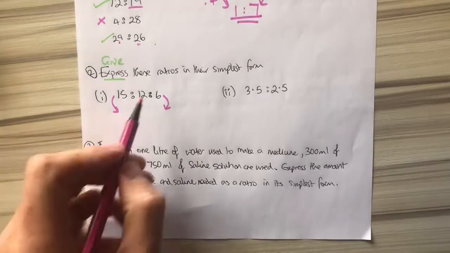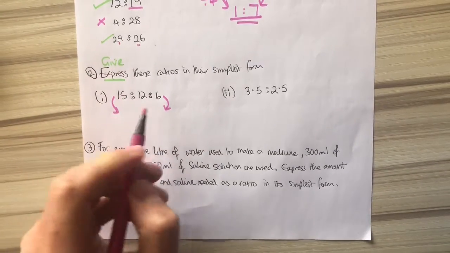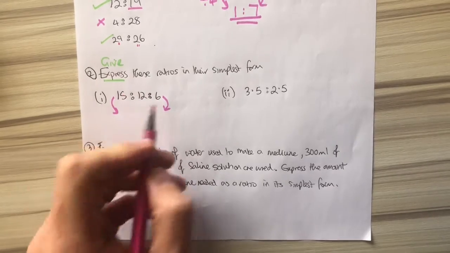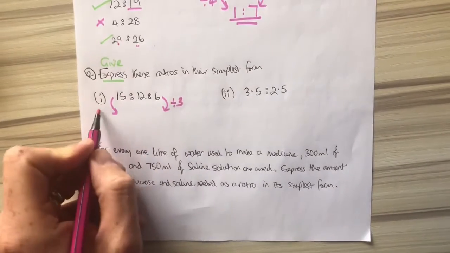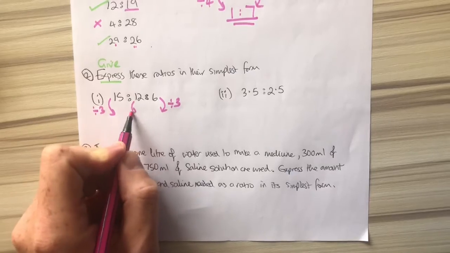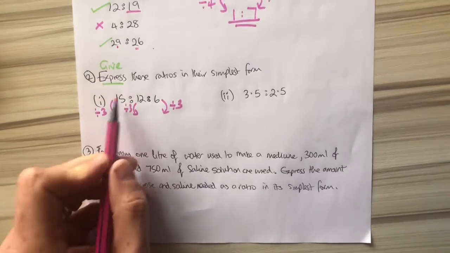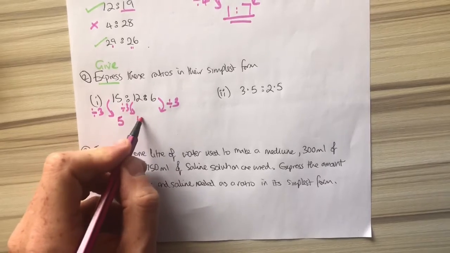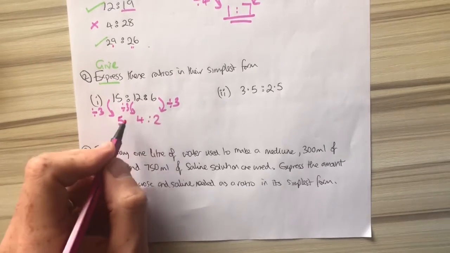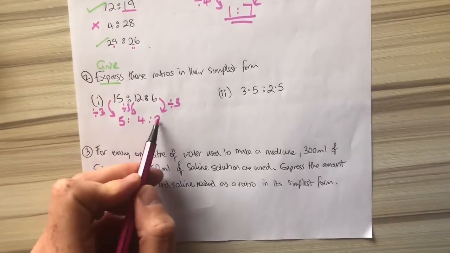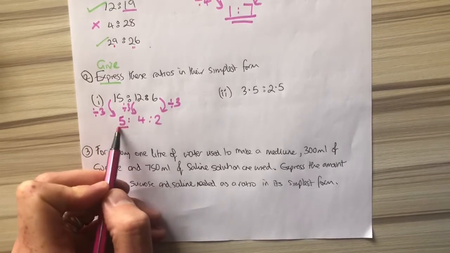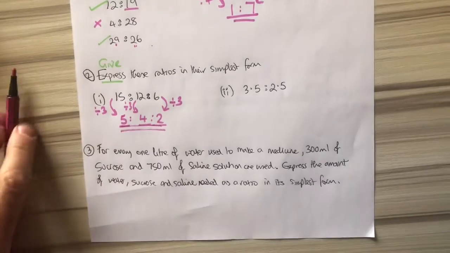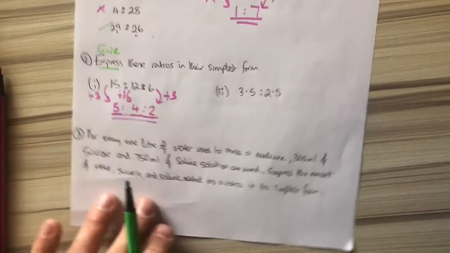Well, let's start with 2. 2 doesn't go into 15. 3 goes into 6, 3 goes into 12 and 3 goes into 15. So if we divide each of these by 3, 15 divided by 3 is 5, 12 divided by 3 is 4, 6 divided by 3 is 2. Now you can see you've got those two that a number will go in, but it has to go into all 3 parts. So that will be the final answer, 5 to 4 to 2.